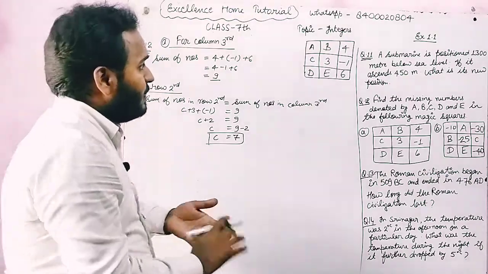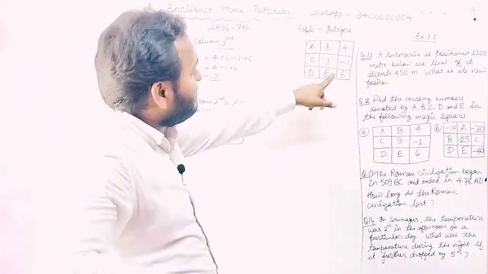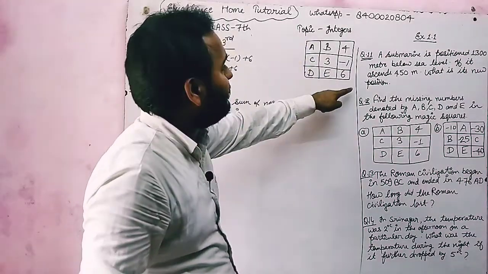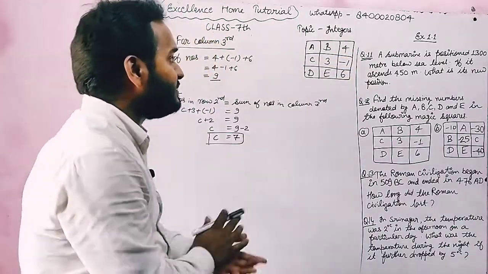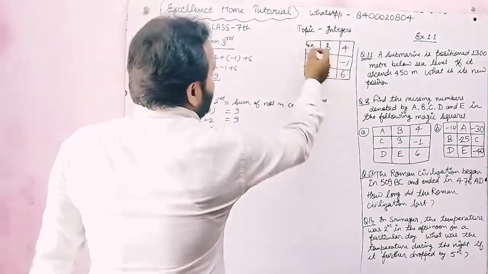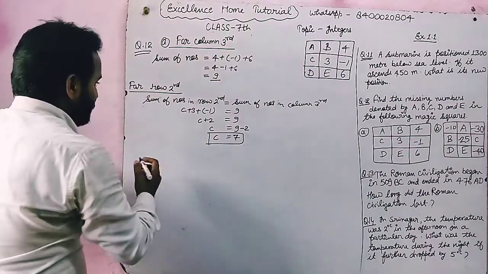After that, when C is found, we can use diagonal first and diagonal second, because in these only one unknown number is given.